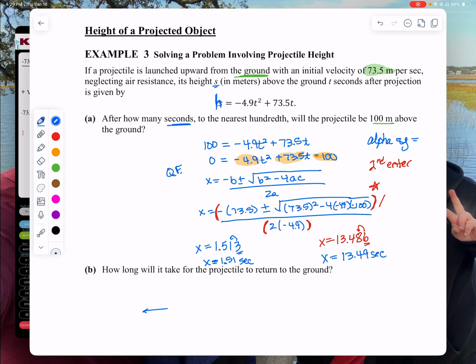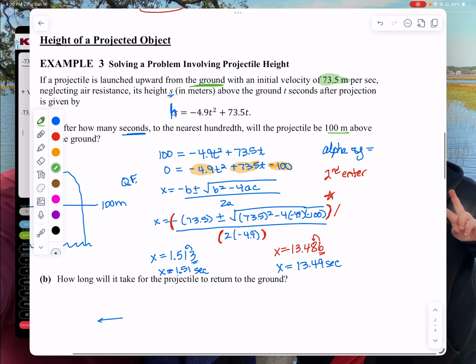Now the question is, do both of these apply? Do I have 2 answers? Now it says I do because I have t squared, but mathematically do I have 2 answers? Well, let's think about it. I'm going to throw something up and it's going to come back down. Here's the ground. When is it going to be 100 meters? So here's my 100 meters. Do you see that it's going to hit there twice?